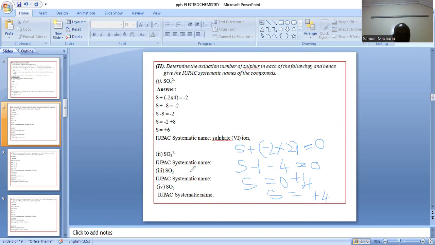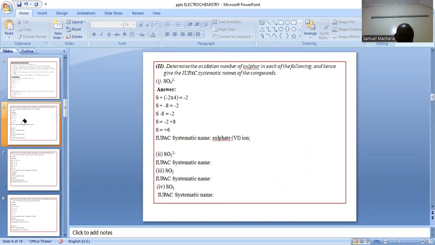I want us to do the same working with the next compound, SO3. We clear this working so that we do the other working.